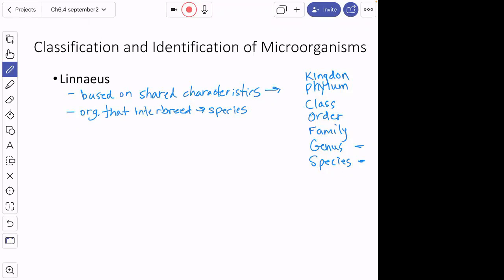So for bacteria, we have to look at other characteristics, genetic DNA homology or biochemical tests, things like that. So we can't rely on that. It gets a little bit more complicated for bacteria, but Linnaeus was the first one to use binomial nomenclature.